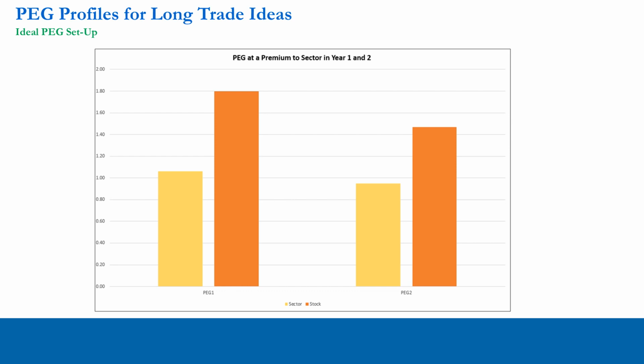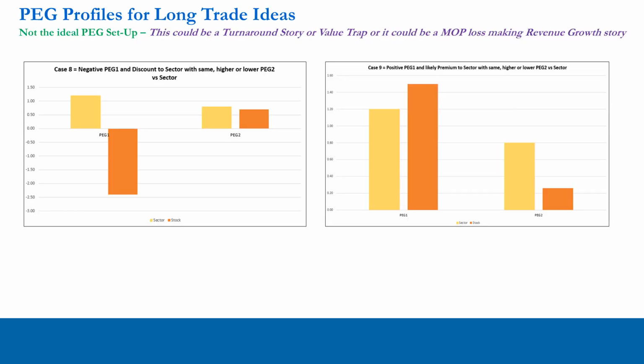Now, when we think about what our PEG setup would look like in the context of a potential turnaround story, if you think about what PEG is, so the PE ratio divided by the earnings growth rate for each period, we can look at both of our cases and we can see what happens to PEG.